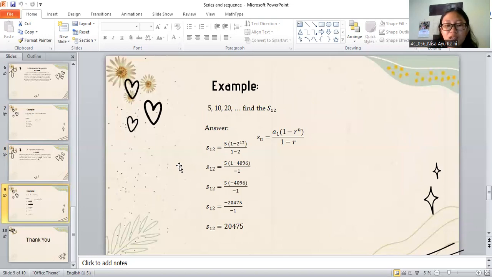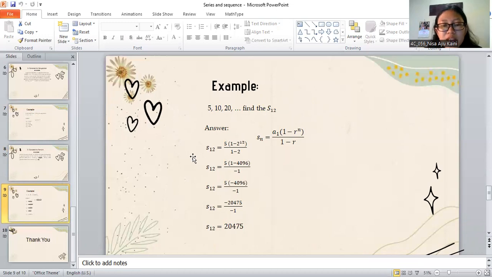Let's take an example in solving a geometric series. 5, 10, 20, find S sub 12. We can use the formula S sub n equals a sub 1 multiplied by 1 minus r power n over 1 minus r.